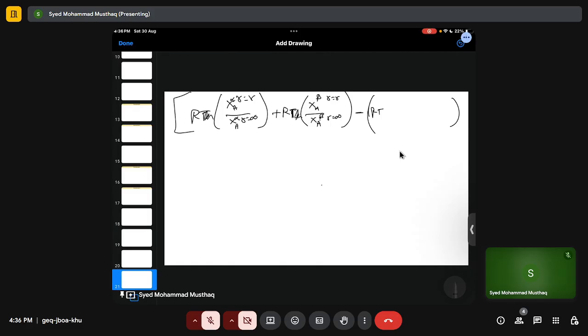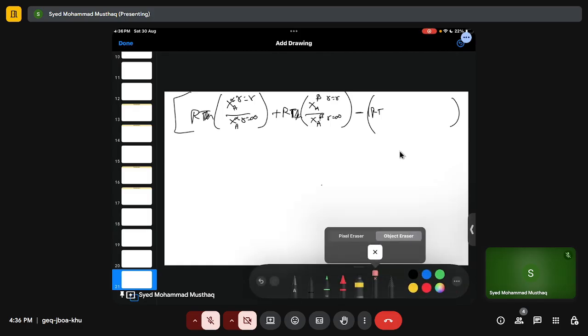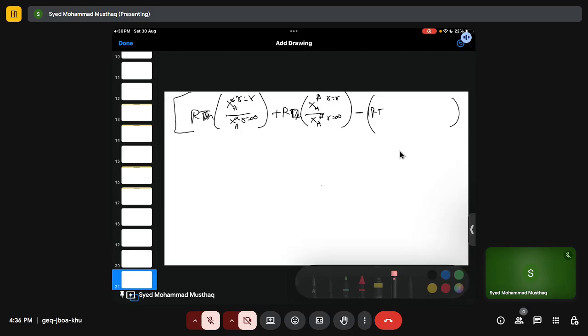So let me write here something. Why don't we just multiply? So I have this beta term. So RT is common. ln A plus ln B will be ln AB, right? So let's write it for that.